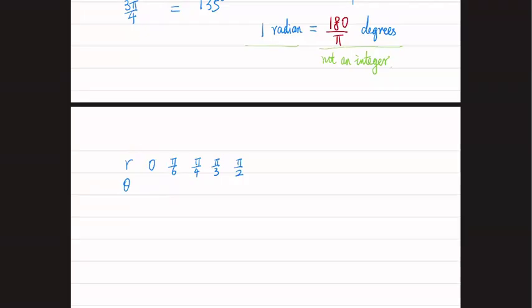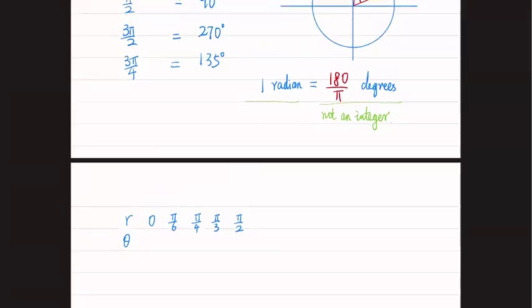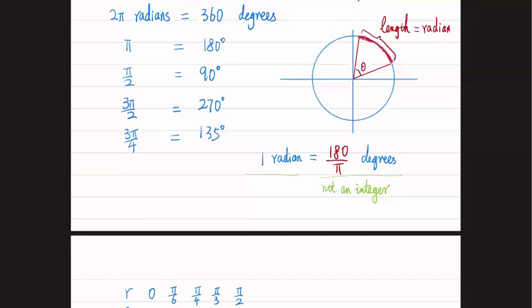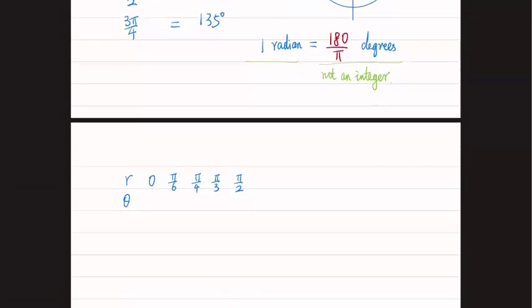Jessica and Amy, if the radian is 0, what's the corresponding degree? 0. Why? Because if the arc has 0 length, then the angle is also 0. Okay, it's consistency.